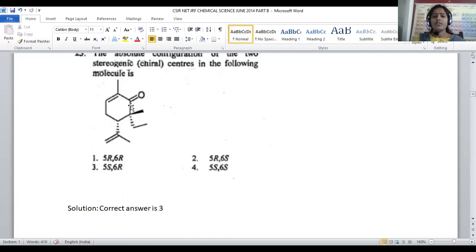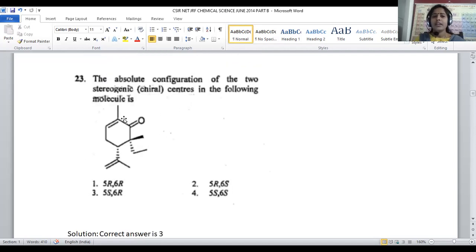So when we assign numbering for this system, alpha, beta, unsaturated, it is the kind of terpene compound. We have to assign absolute configuration. What is meant by absolute configuration? Assigning R and S notations to the compound is called absolute configuration. R is nothing but clockwise rotation from higher to lower priority.